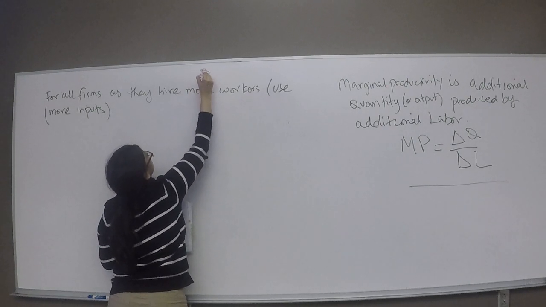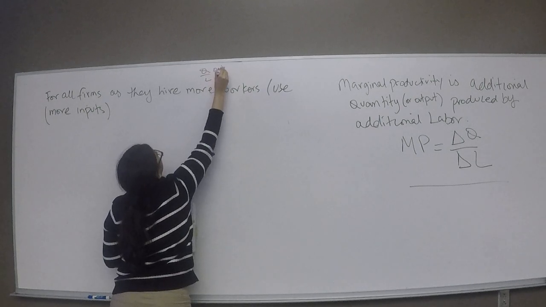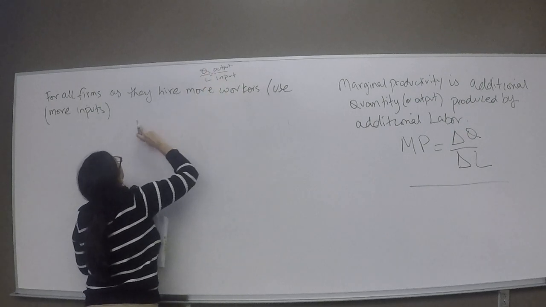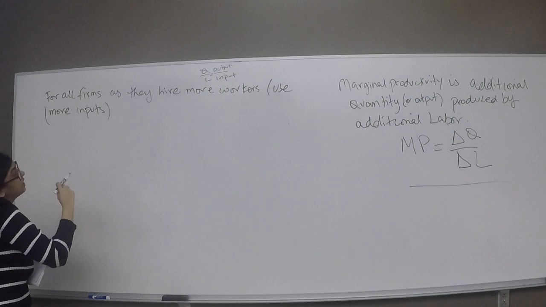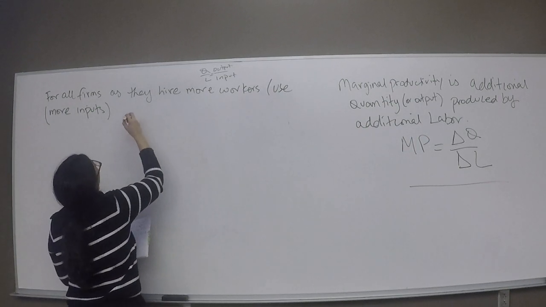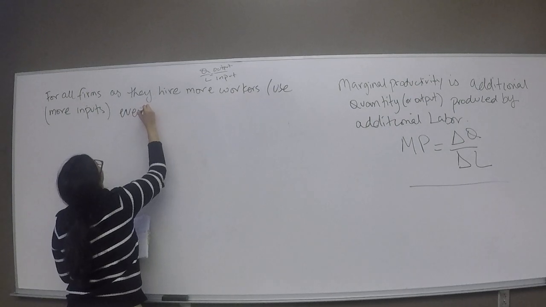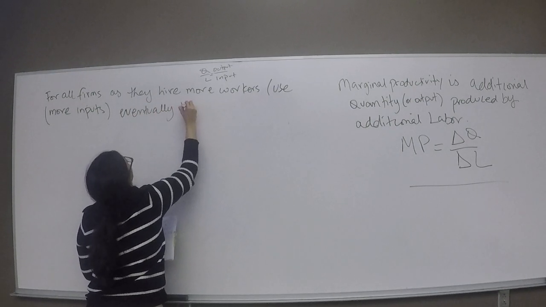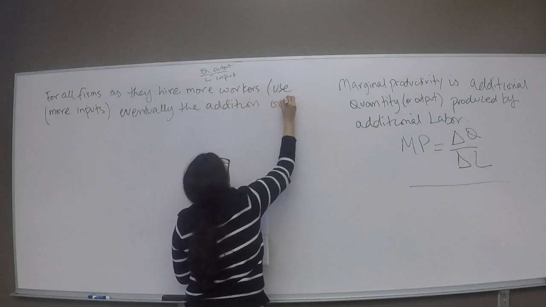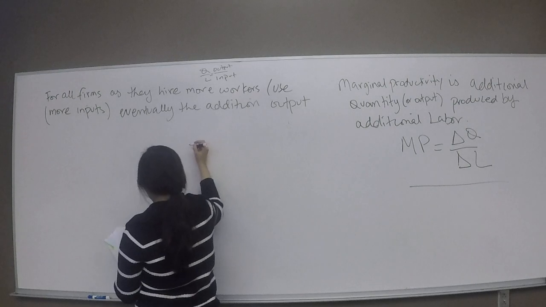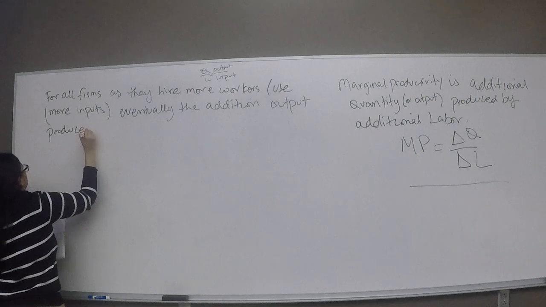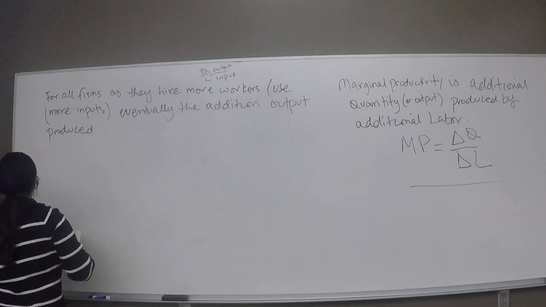Q divided by L, output divided by input. So for all firms, as they hire more workers, use more inputs, eventually the additional output produced, or quantity produced, will decline.